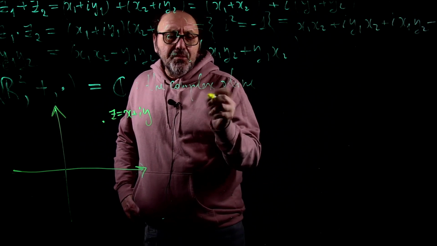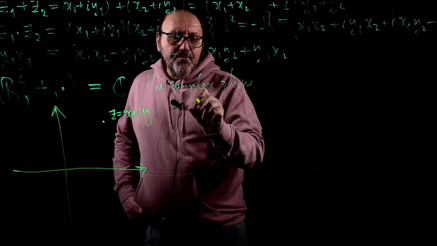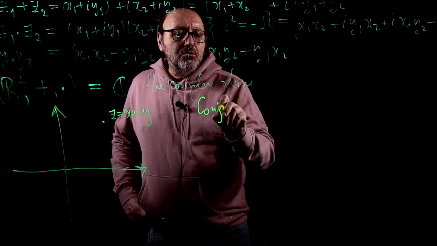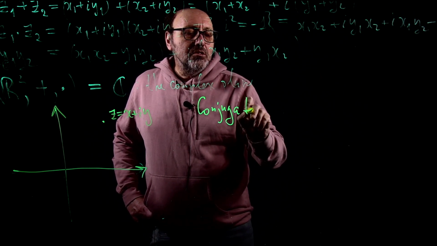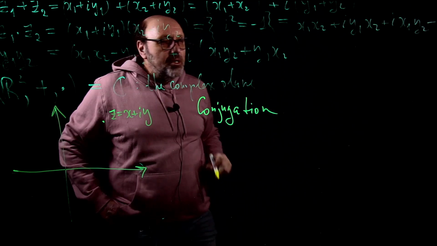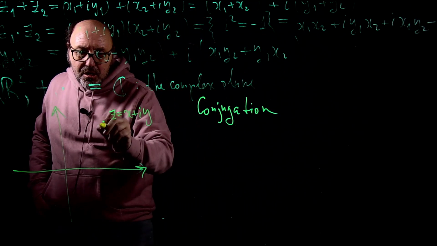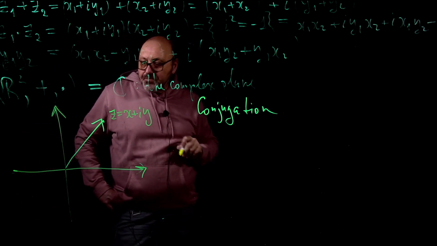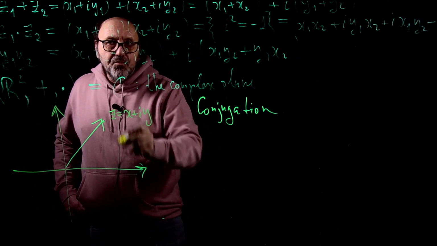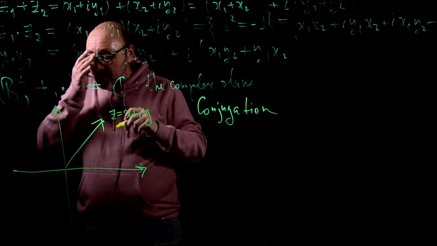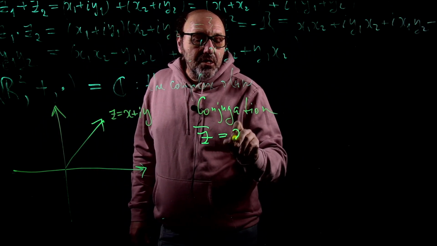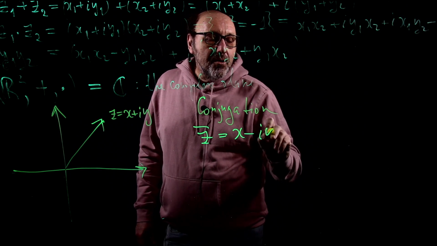So now we can consider other operations with complex numbers. One of the very important operations is the complex conjugation. So if we consider here a vector z, which corresponds to the complex number z, then z bar is just x negative I y.